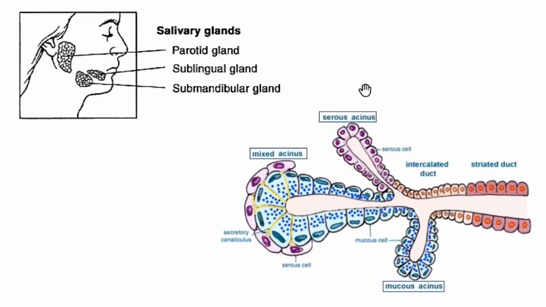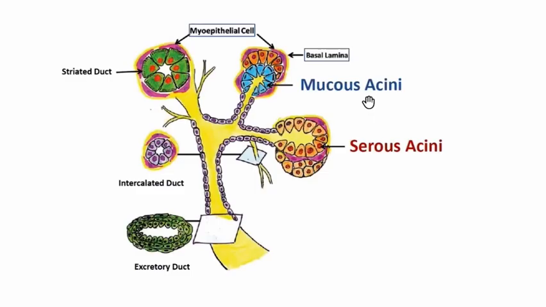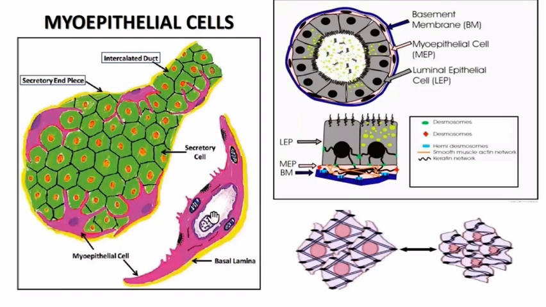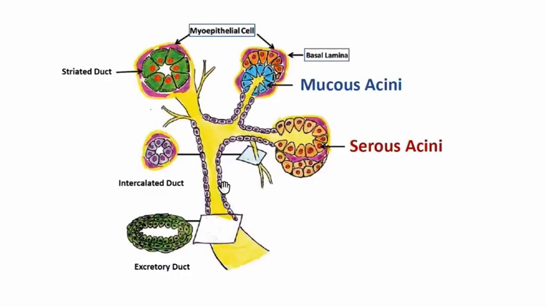The secretory end pieces are of two types, either serous or mucus, and we have some non-secretory parts called myoepithelial cells. The secretory portion is followed by a duct system that modifies the components of the saliva and conducts it to the oral cavity.